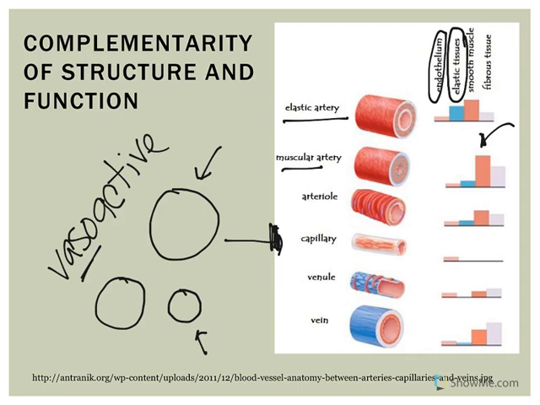I also do want to mention, you should discuss this in lab too, if you look at the size of the lumen in a vein versus a corresponding artery, the lumen sizes of veins are much bigger, and that's going to correlate to their role as what we call capacitance vessels. And we will discuss this in the next recording, okay? So capacitance vessels, they have more capacity to hold blood. So I'm going to stop here. Next recording, we're actually going to look at those different types of vessels.